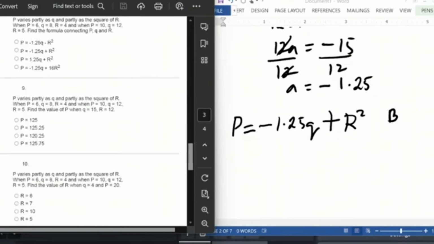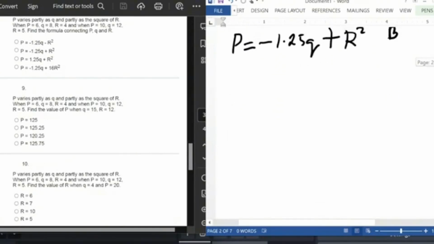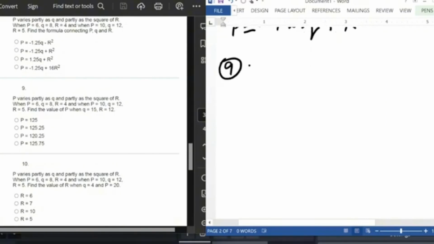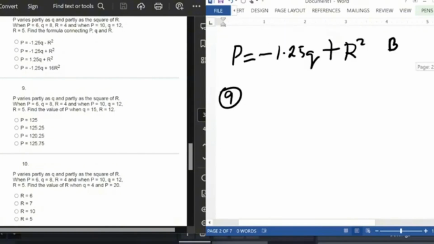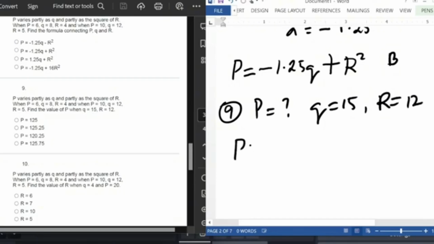For question 9, find the value of P when Q is 15 and R is 12. So that means P equals minus 1.25 times Q, which is 15, plus R squared, which is 12 squared.